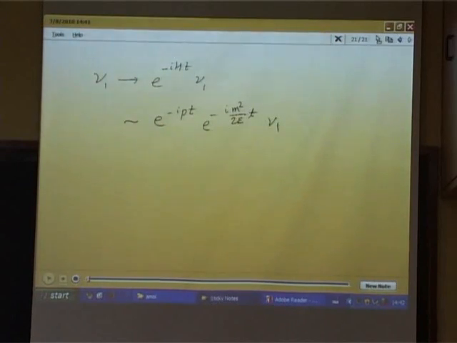However, what happens finally when I want to calculate a probability? So probability of, let's say, mu going to mu. I have to take the inner product of, let's say, mu and whatever happens to this mu at time t, and I take the mod square of this.